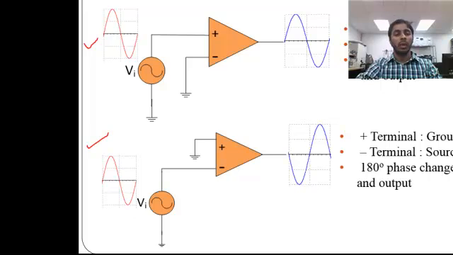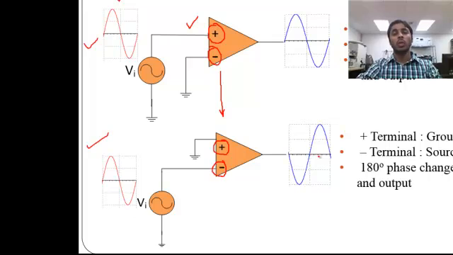So let's look at the single-ended. If you observe these two circuits together, there is one common idea. Both input sources are sinusoidal, but for the top circuit the input is applied to the non-inverting terminal of an op-amp, whereas the inverting terminal is grounded. For the bottom circuit the input is applied to the inverting terminal, but the non-inverting terminal is grounded.